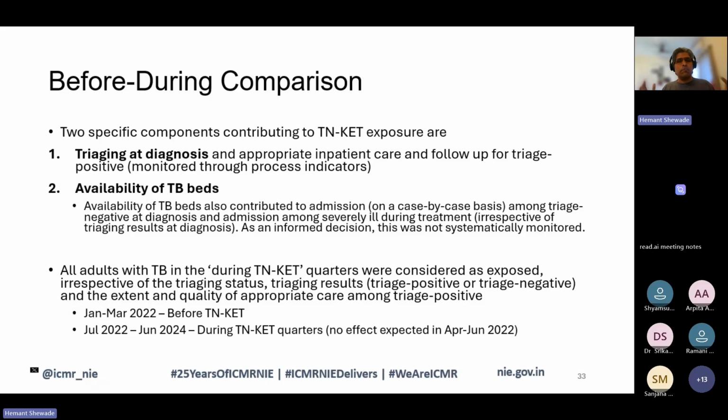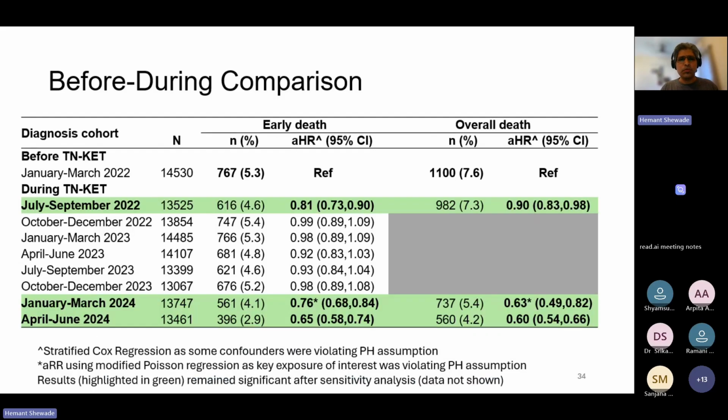So availability of beds was not restricted only to those who were triaged at diagnosis. It was useful for admission during the TB treatment. Therefore, all TB patients notified during TN-KET quarters were considered as exposed.